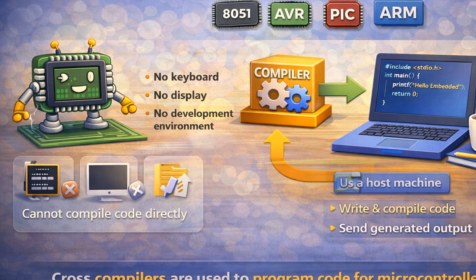So what do we do? We use a host machine, like a laptop or desktop PC, to write and compile the code. Then the compiler generates machine code for the target microcontroller. That generated file is then loaded into the controller. That is why cross-compilers are used.